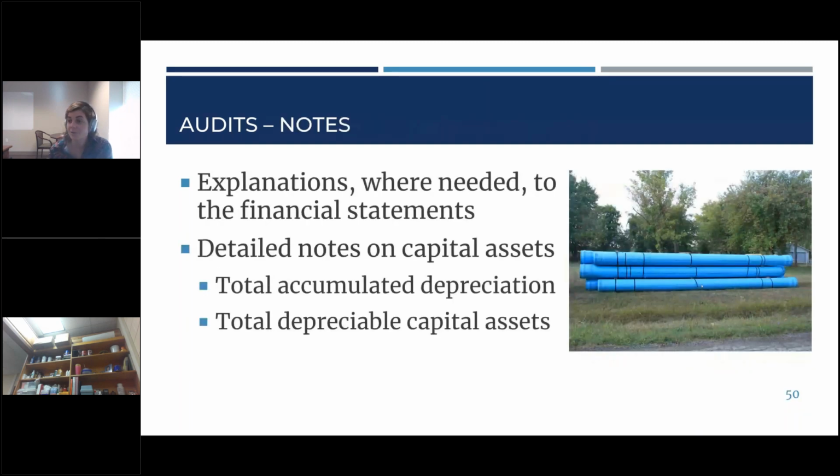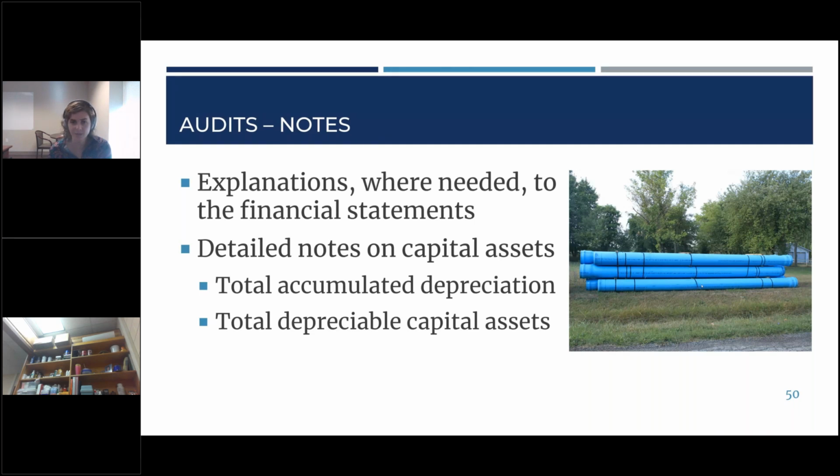And then you're going to encounter those notes. And I mentioned this whenever I was talking about the document as a whole. The notes can be short, they can be long. It really just depends. But this is where you'll find the explanations where needed to the financial statements. So it is exactly as the name implies. It's the notes for all of the pages that I mentioned previously. And typically within the notes, you'll also find detailed information on your capital assets.